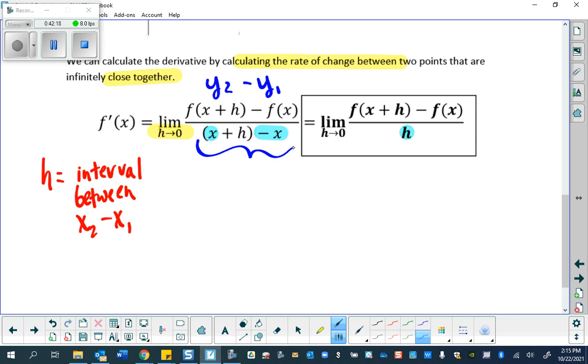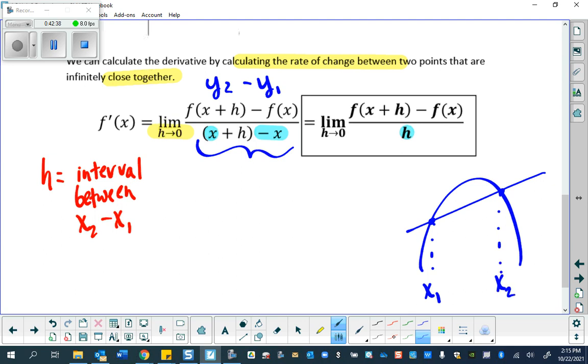H just represents that distance. If you feel like you want to draw a sketch of the graph down here, and you want to talk about this here, and we have here our x1, and we have here our x2, then you can know that this here is h.